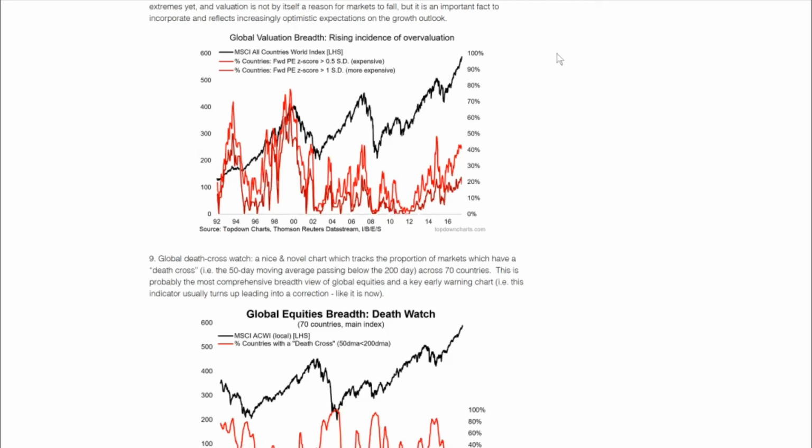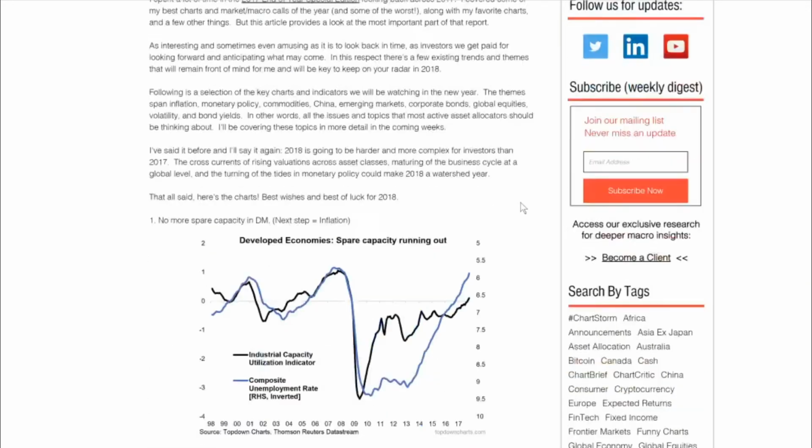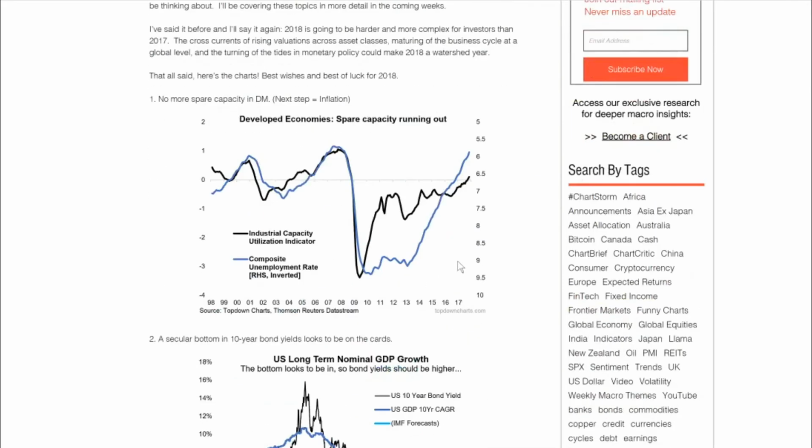That's why I said back in the introduction that 2018 is going to be harder and more complex for investors than 2017. The cross currents of rising valuations across asset classes, the maturing of the business cycle at a global level, and the turning of the tides in monetary policy could make 2018 a watershed year.